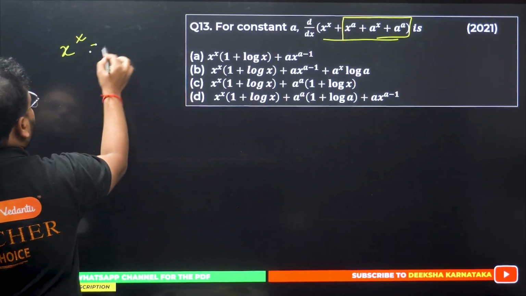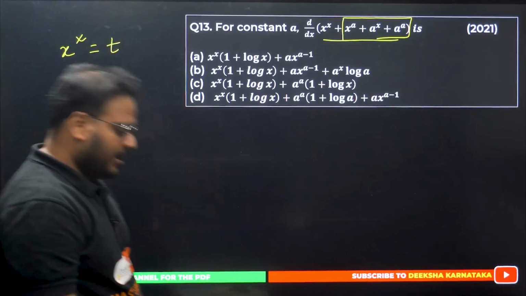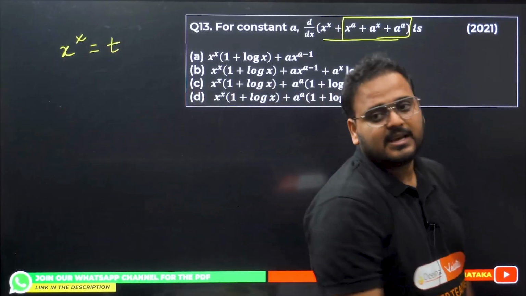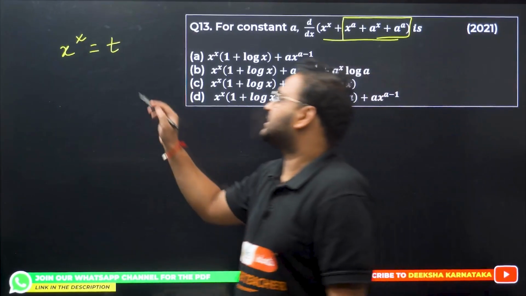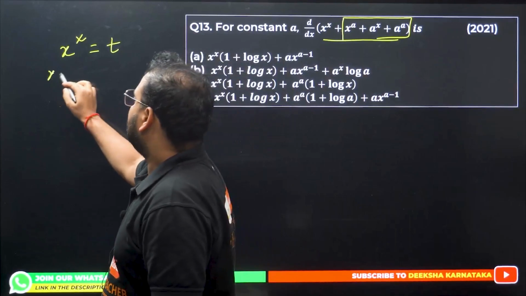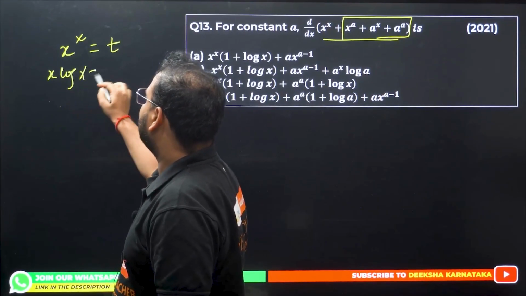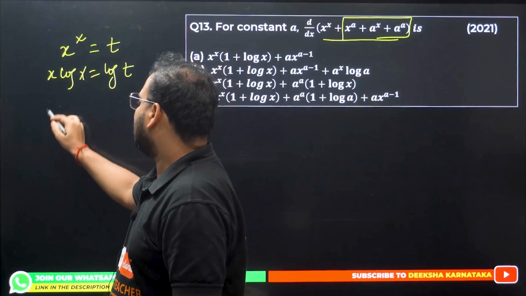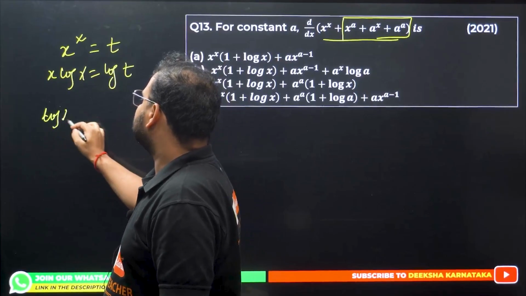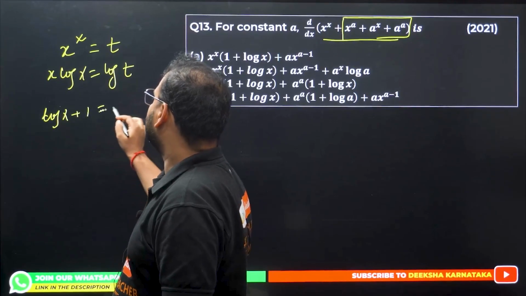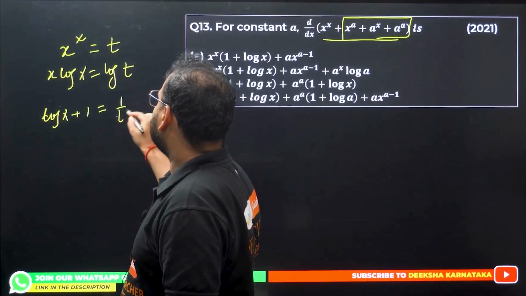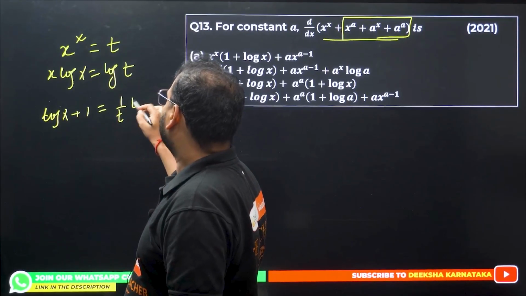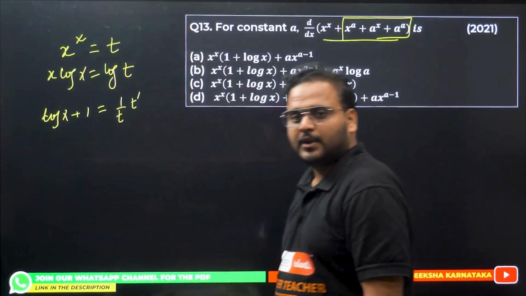If I take the function x power x as t, I have to use log on both sides. It will become log t equals x log x. Then differentiating, you'll have log of x plus 1 equals 1 upon t times t dash, or t1. Got it?